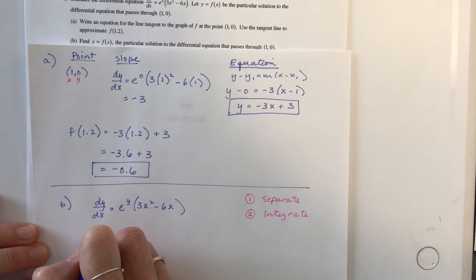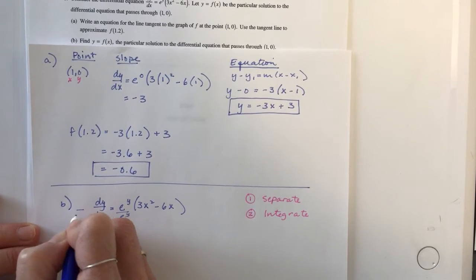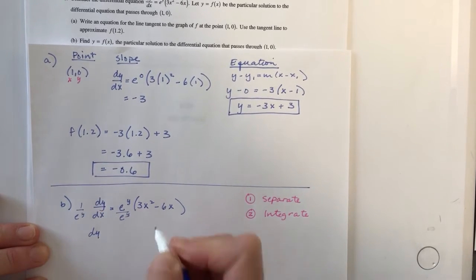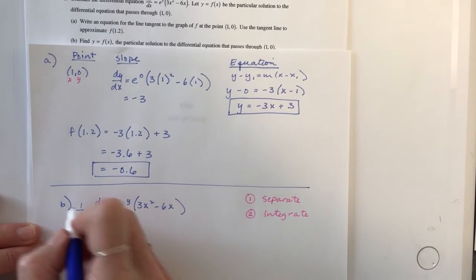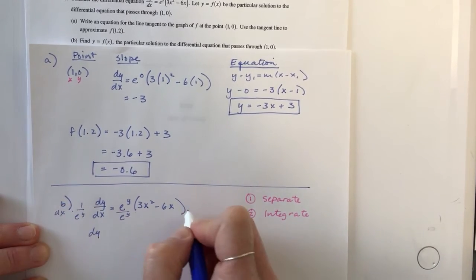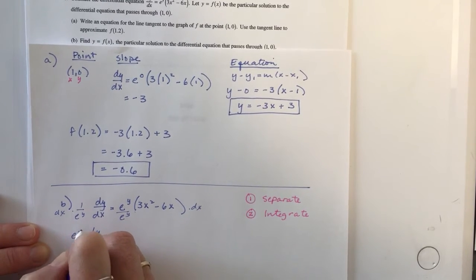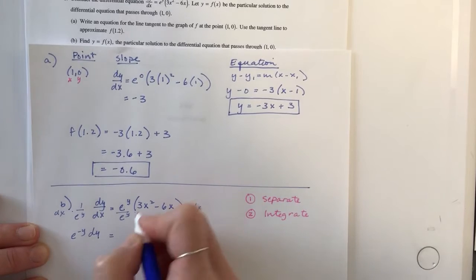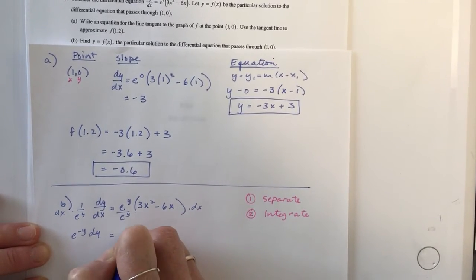So I'm going to have dy, and I'm going to divide by e to the y, right? Divide both sides by e to the y. And we're going to leave this here, and multiply by dx. Okay, so we get e to the negative y dy is equal to 3x squared minus 6x dx.